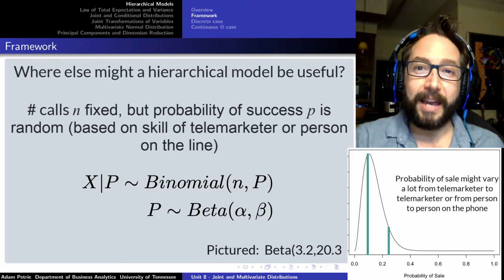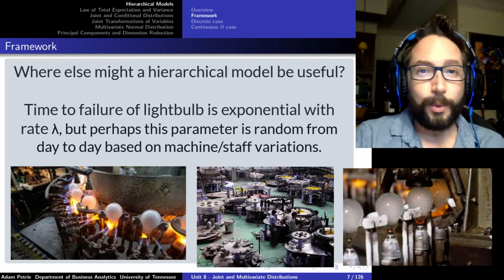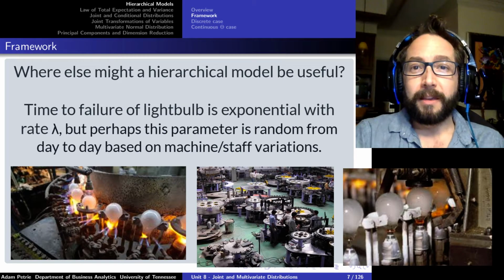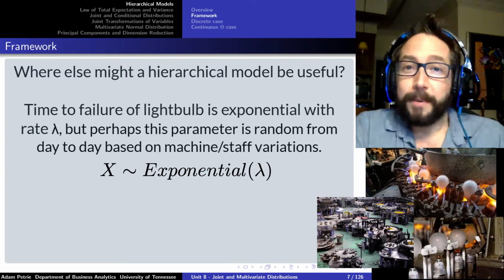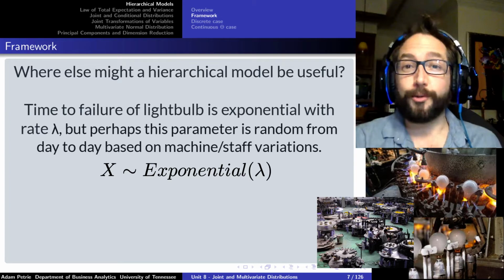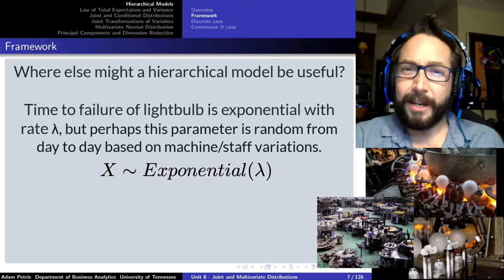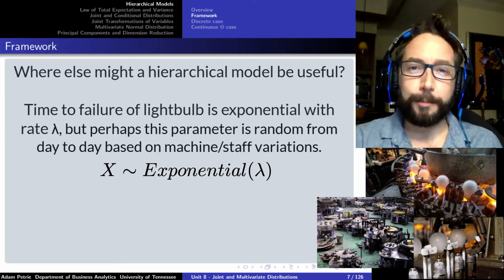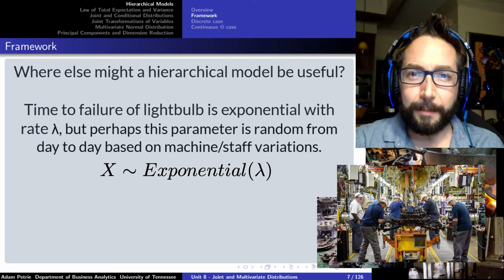Or it might be the case that we're studying the failure times of light bulbs. And with a very particular recipe, the distribution that describes the failure time for light bulbs might be well described by an exponential distribution with a parameter lambda, a rate of failure. But we can imagine that each day these light bulbs are being manufactured. The people that are working the line, the recipe might be a little bit different.